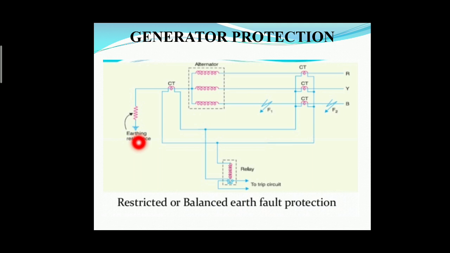Thus the relay remains de-energized and does not operate. When the fault occurs at F1, the secondary current through the relay trips the circuit.